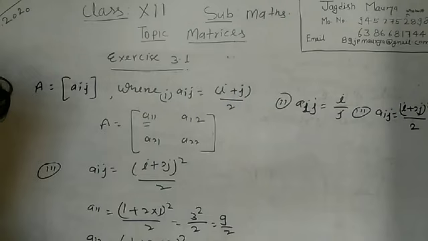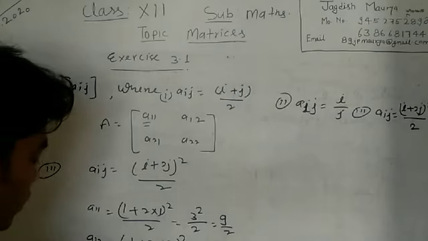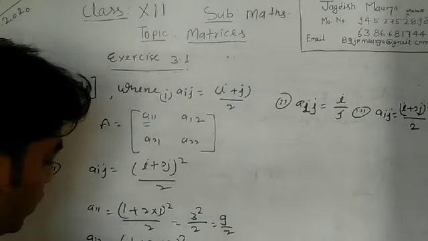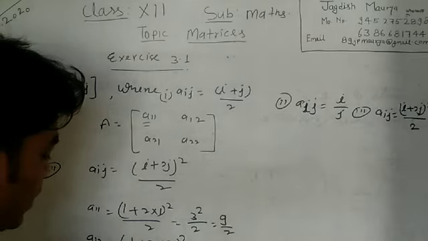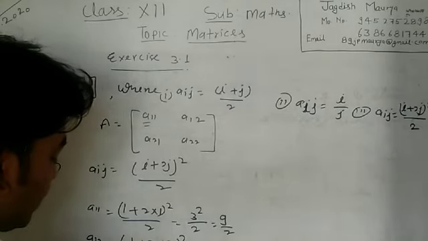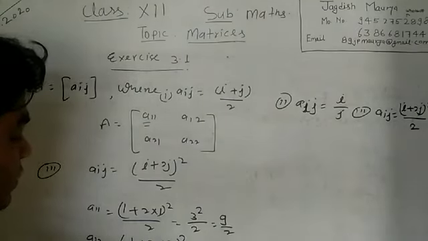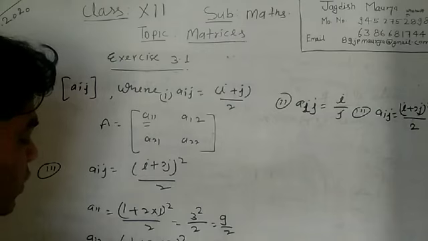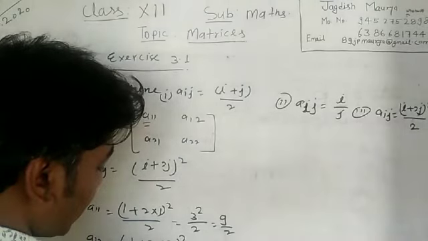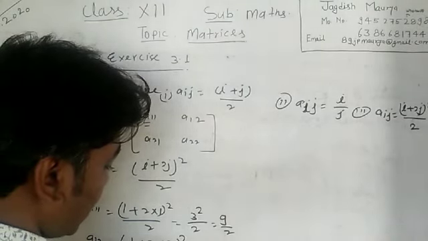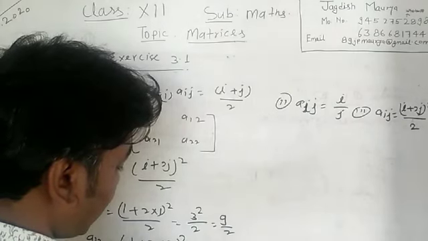Here A21: i equal to 2, (2 plus 2 into 1) whole square upon 2 equal to 4 square upon 2 equal to 16 upon 2 equal to 8.